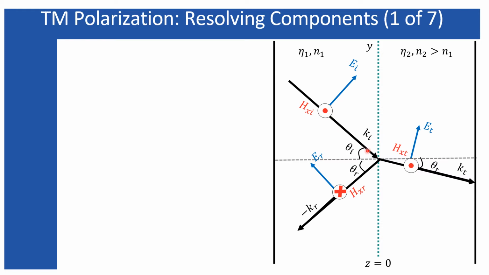But in this case, the propagation vector is making an angle with the surface normal, and due to that, the electric field is also oriented somewhere within the yz plane. So we can easily understand that the electric field must have two components, and similar to the propagation vector, they also have two components along the y and along the z direction. So we have to resolve all these components for the TM polarization.